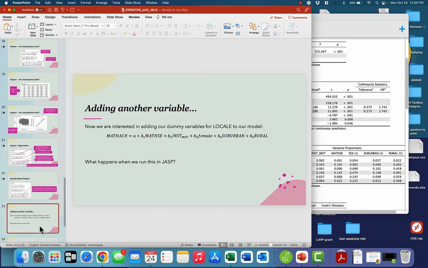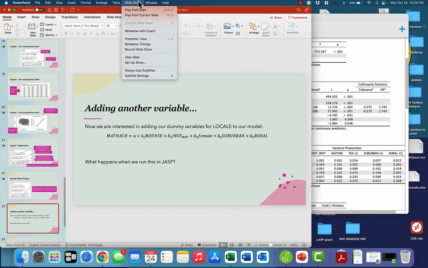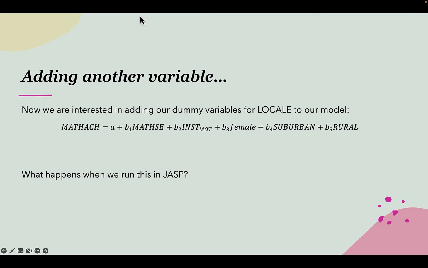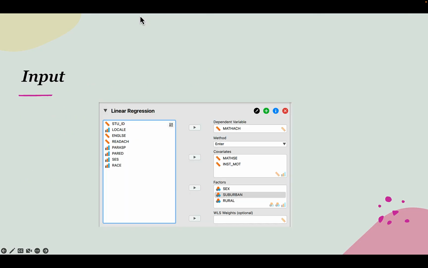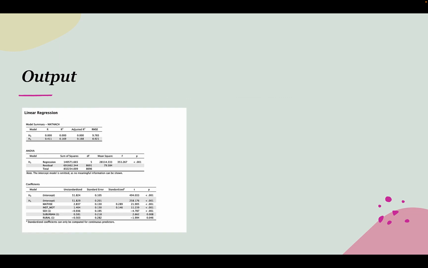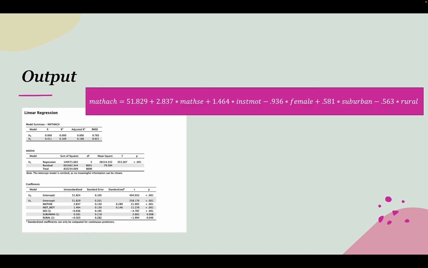All right, so let's go back. I am now going to go back to our slideshow. So again, we put in suburban and rural. Let's take a look at our output now. Our line changes a bit.